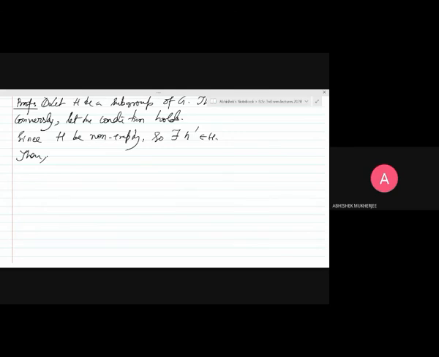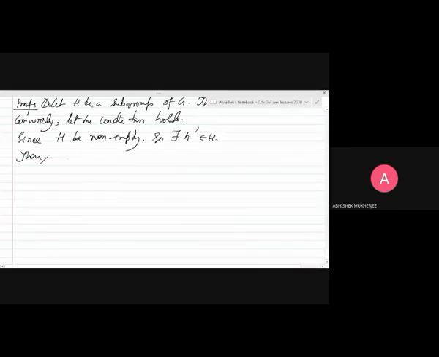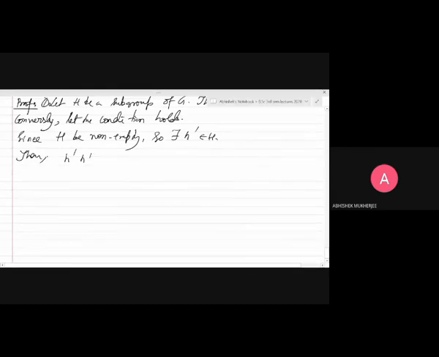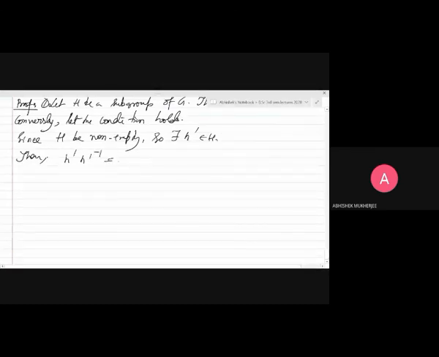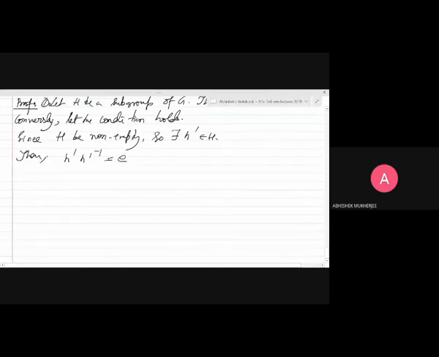Then h dashed inverse. So that is the identity in G. Fine. But is it possible that that identity is in H?